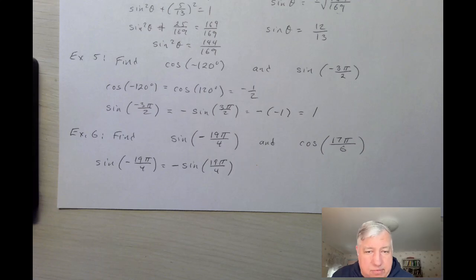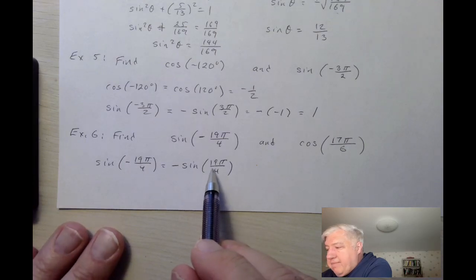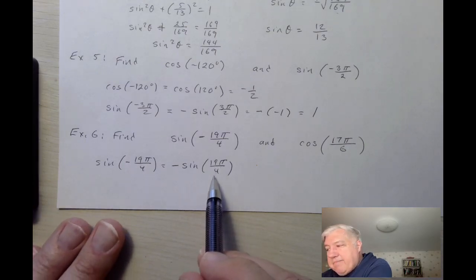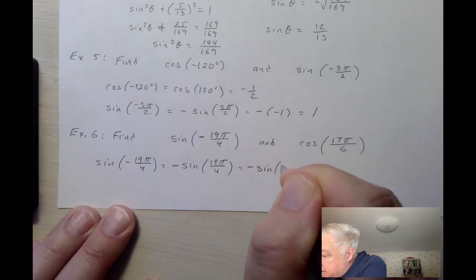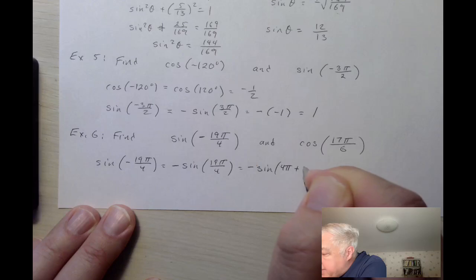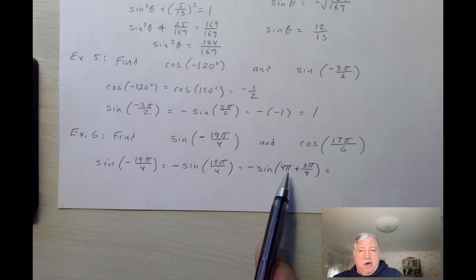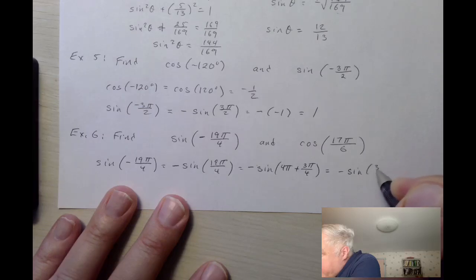In fact, we can write this as 19 pi over 4, and 19 can be written as 16 plus 3. 16 divided by 4 is 4, so this is 4 pi plus 3 pi over 4. And this is a multiple of 2 pi, so we can just ignore it. This is just going to be minus sine of 3 pi over 4.